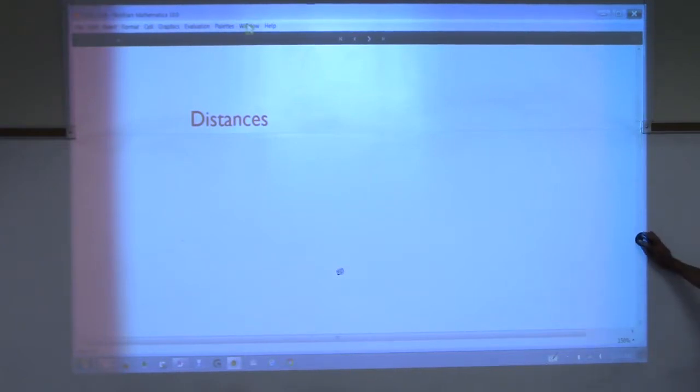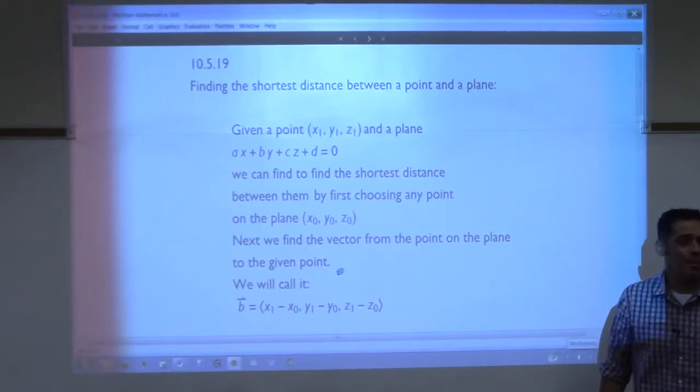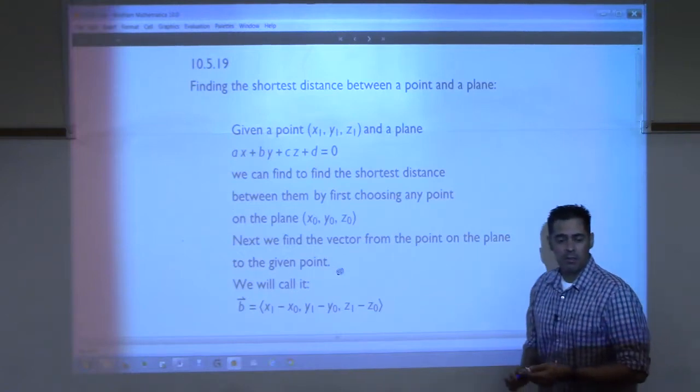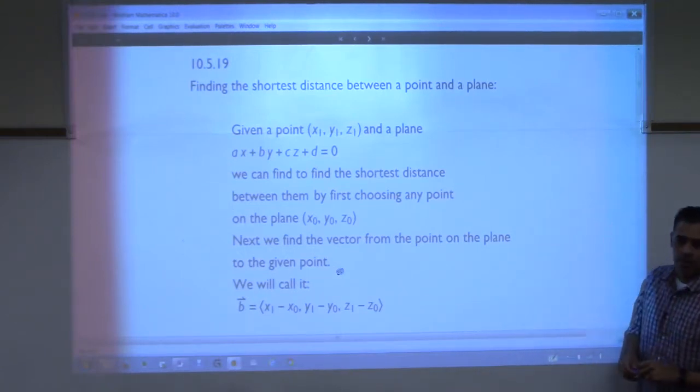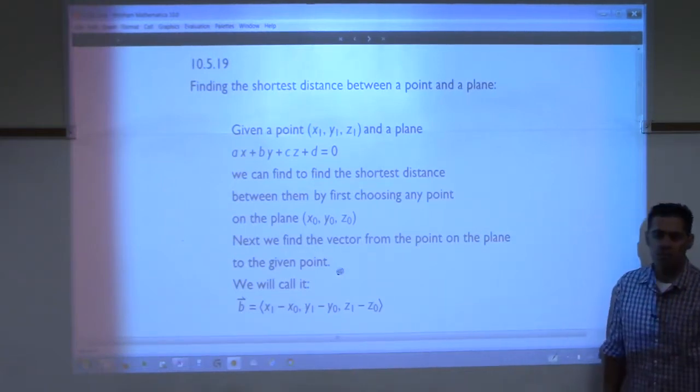But now we want to talk about some distances between things that are not as easy. Like the shortest distance between a point and a plane. Now, to me, this seems like a very tough question. So, if I asked you right now, what's the shortest distance between the camera and the floor?